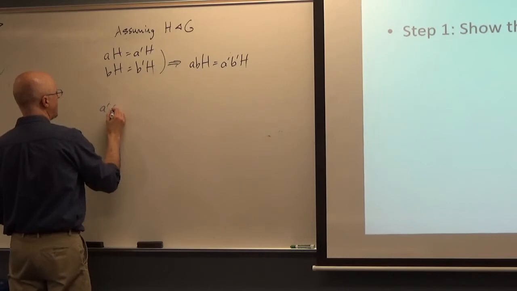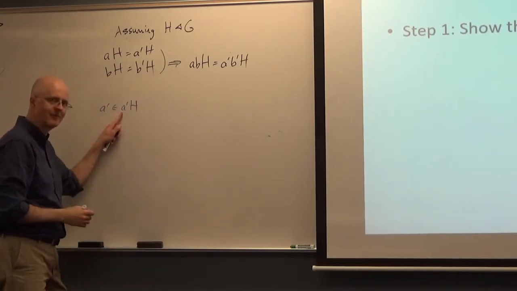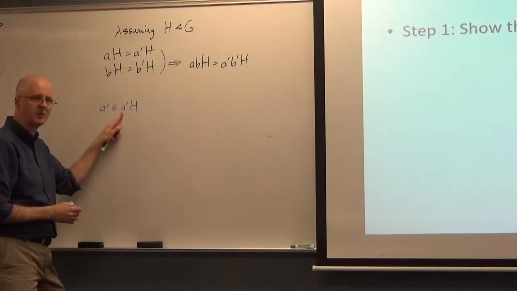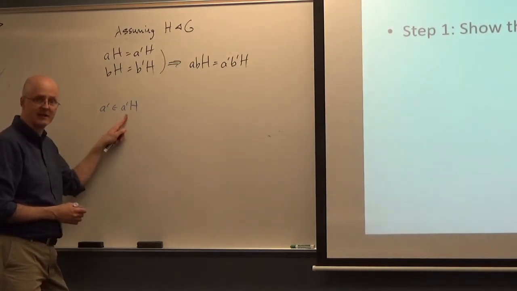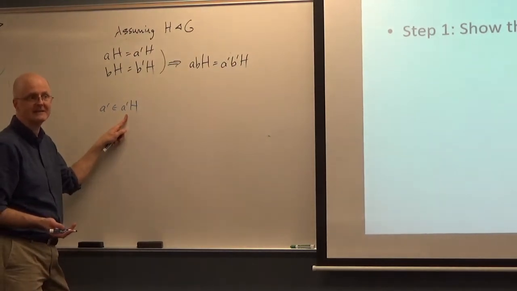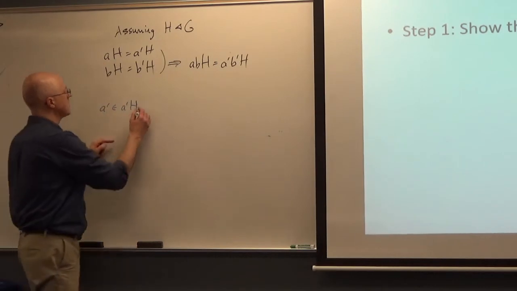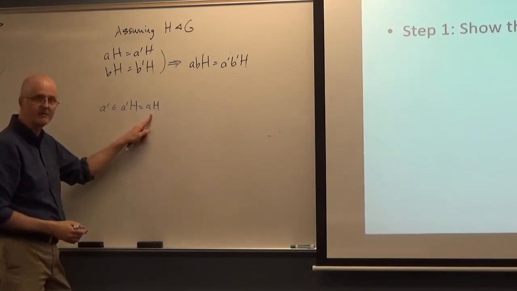Since A prime is in A prime H, I'm not going to write sentences here, but I'll outline the proof with ideas and listen carefully to what I say. A prime is in the left coset of H in G containing A prime. It's A prime times E, and E is in H. But because I'm assuming A prime H equals AH, I can also say A prime is in there.